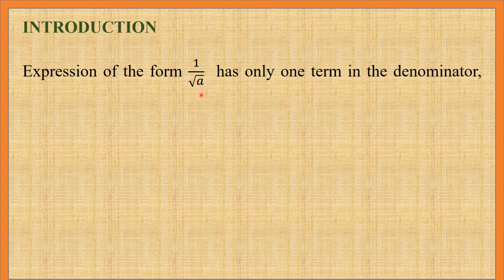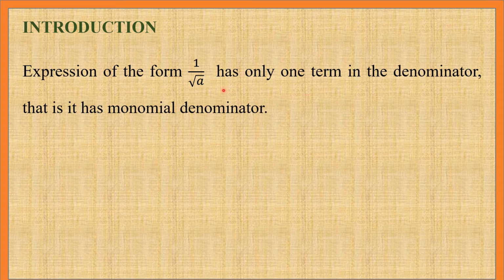Now, let's look at when we talk of monomial and binomial denominators. What do we mean by that? When we consider an expression of the form 1 over square root of a, it has only one term within the denominator.